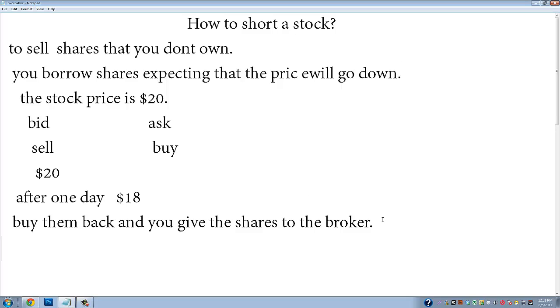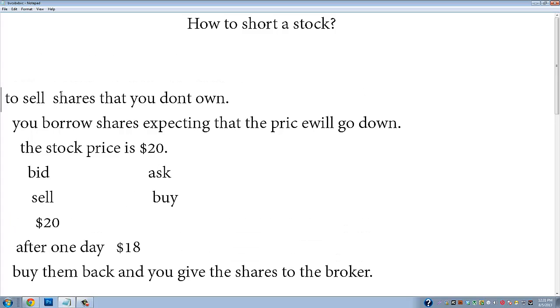But before you short, what are the requirements in order to short? First, you should have experience, because the broker will not let you short a stock if you have no experience in trading.